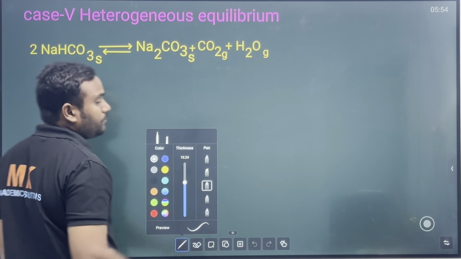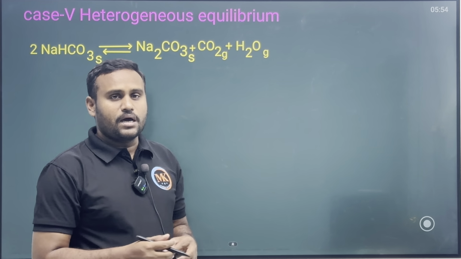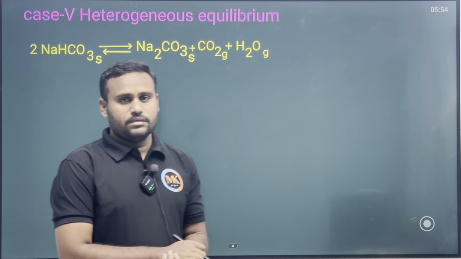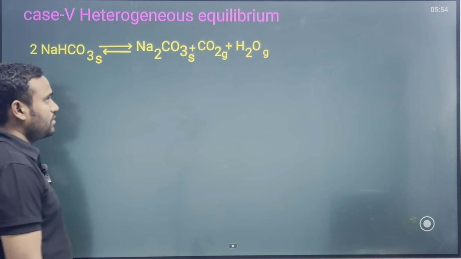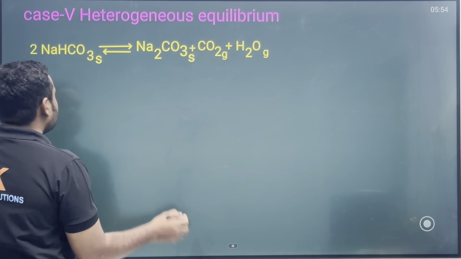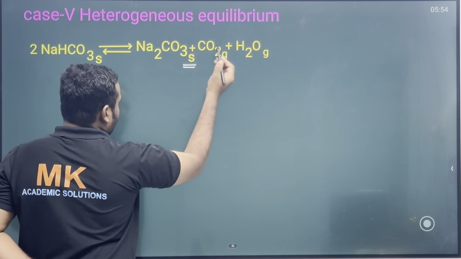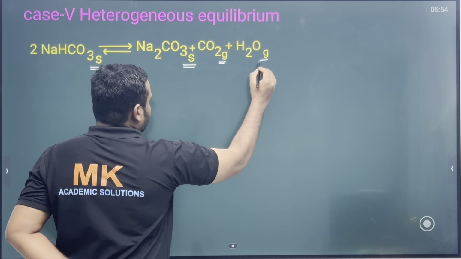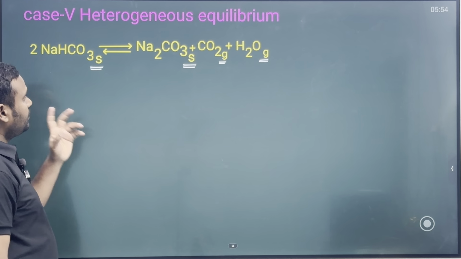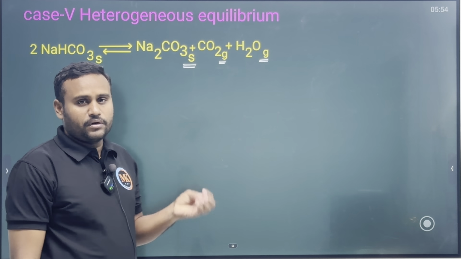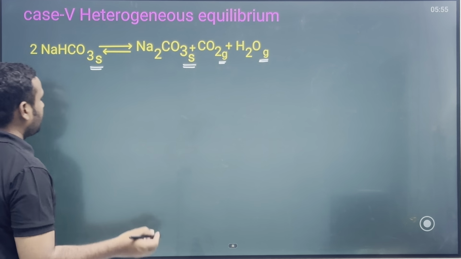First of all, what is the meaning of heterogeneous equilibrium? If the reactants and products are not present in the same physical state, that is known as heterogeneous equilibrium. For example, this is present in the solid state, it is also present in the solid state, but this is present in the gaseous state, and this is also present in the gaseous state.